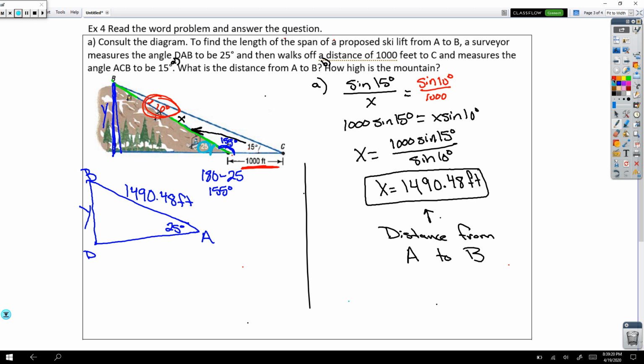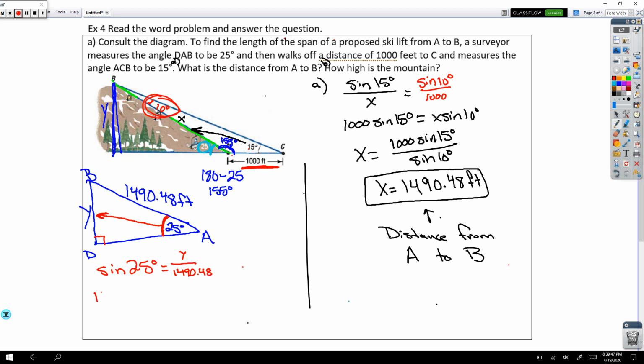We have our right triangle. I want to use my angle measure that I know. And I have a hypotenuse, so I want to think sine or cosine. And I want to find the opposite side. So that means I want to deal with sine. So sine of 25 degrees equals opposite over hypotenuse.